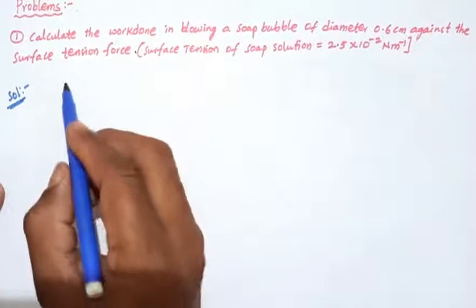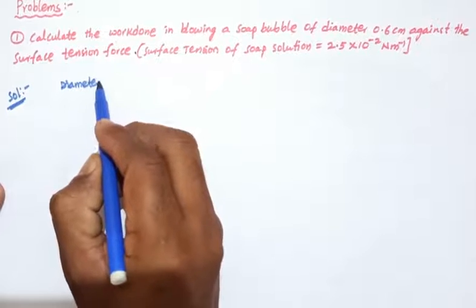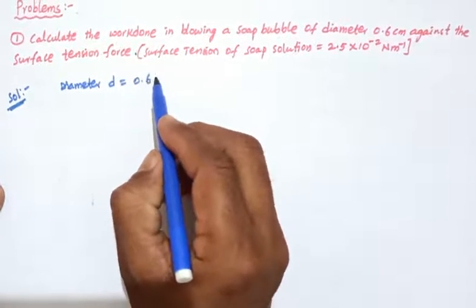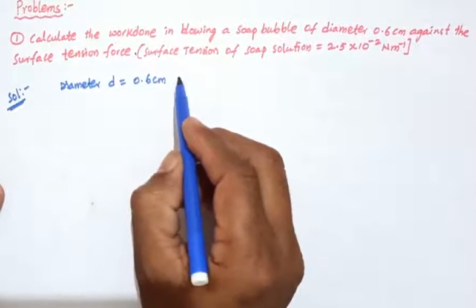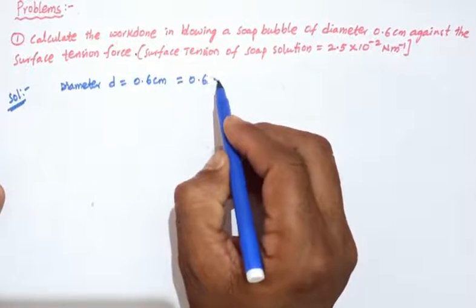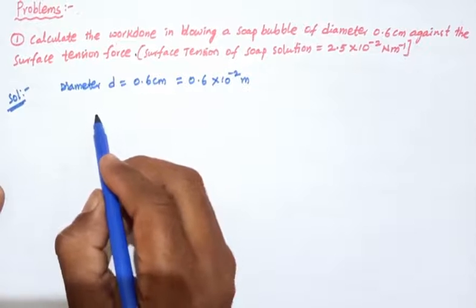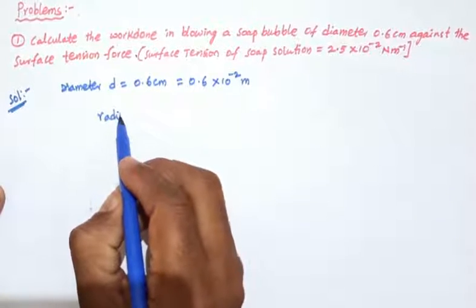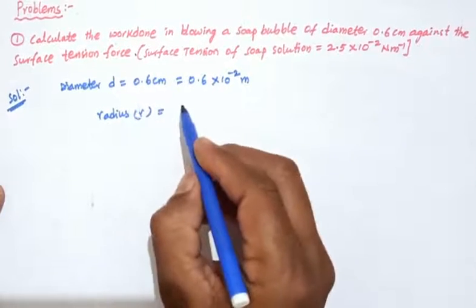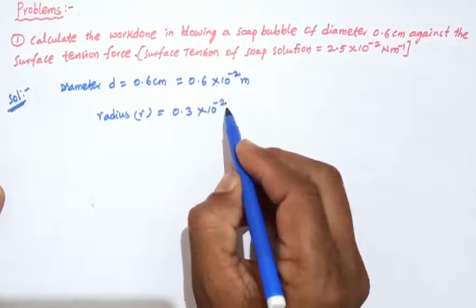Here the diameter of the soap bubble D equals 0.6 centimeter. So it is converted to meters: 0.6 into 10 to the power of minus 2 meters. So the radius R equals D by 2, that is 0.3 into 10 power minus 2 meters.